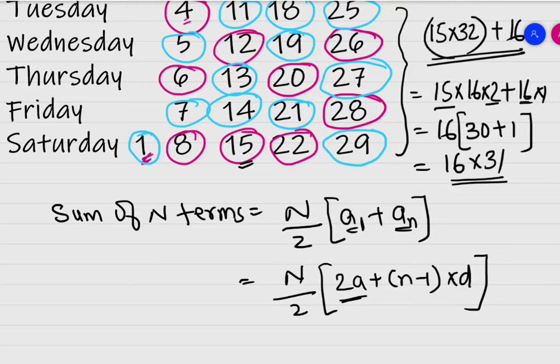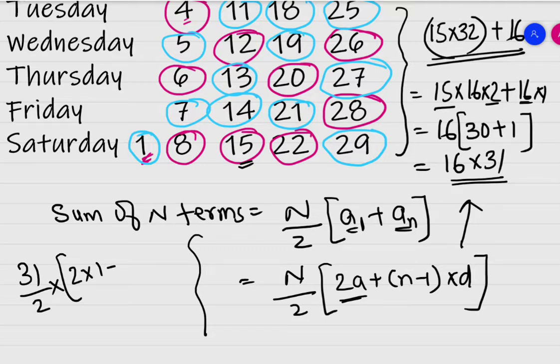Now if you relate here, n by 2 means 31 by 2, into 2a, that is 2 into 1, plus n minus 1. How much is your n? 31.